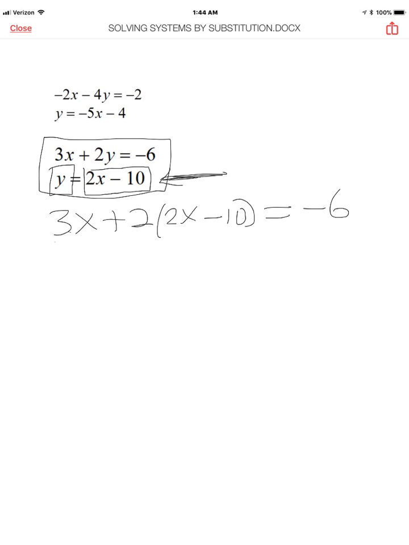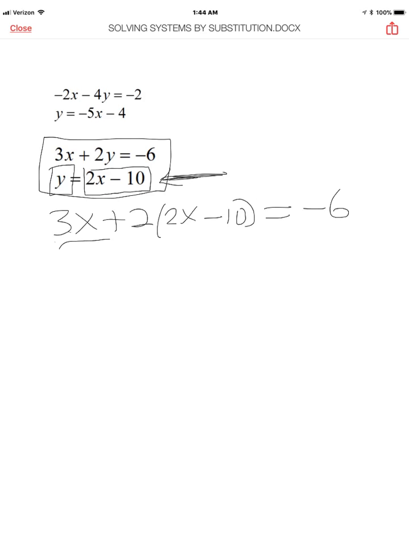So essentially, we are working on the first equation, but the value of y we substituted from y equals 2x minus 10 in the second equation.